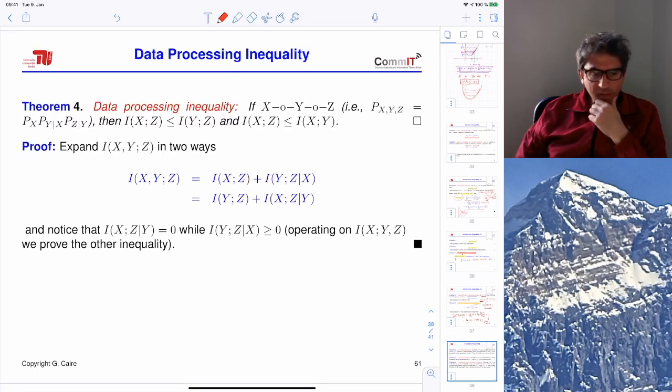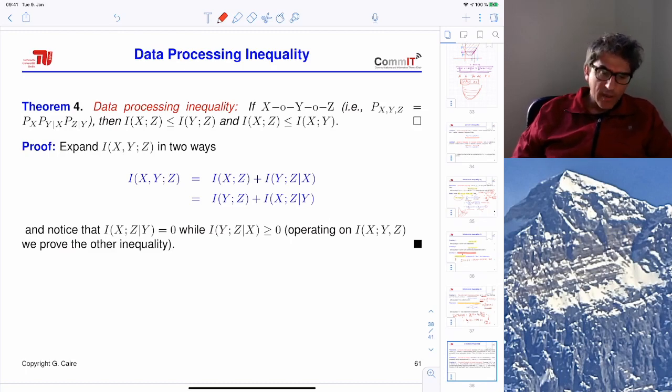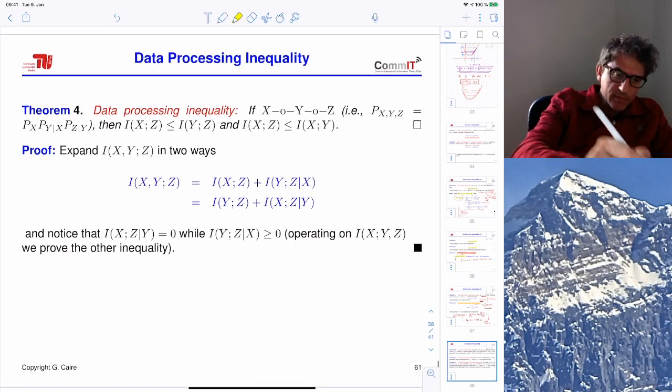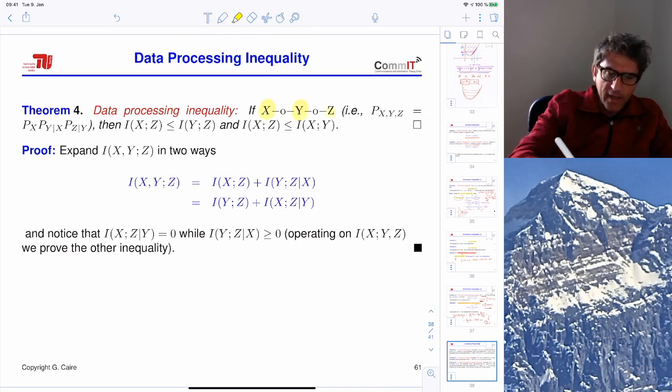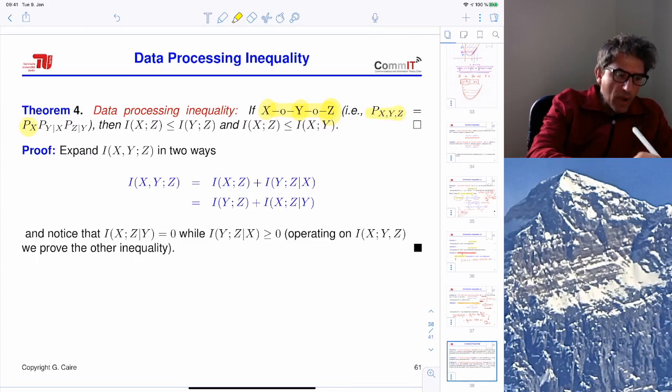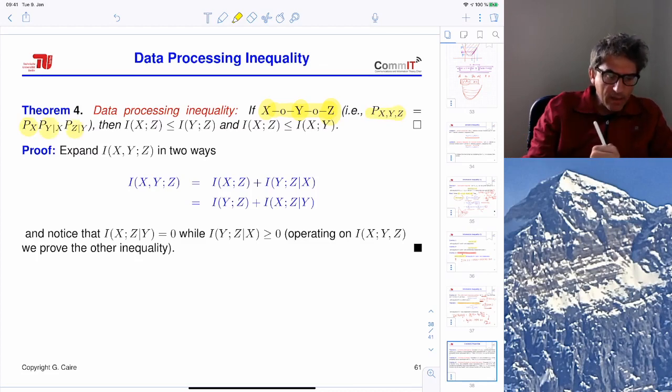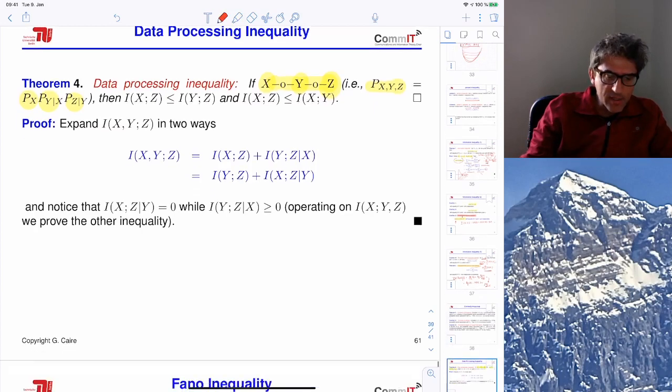These are the first big information theoretic inequalities that we will use many times in the course. They're very important. One is the so-called data processing inequality. It says the following: if we have three random variables X, Y, and Z, and they form a Markov chain, this means the joint distribution P_XYZ factors as P_X, P_Y given X, P_Z given Y. Notice that this is a special case.